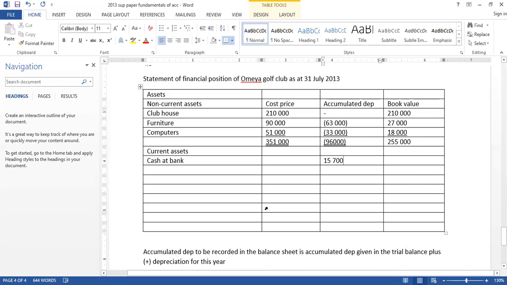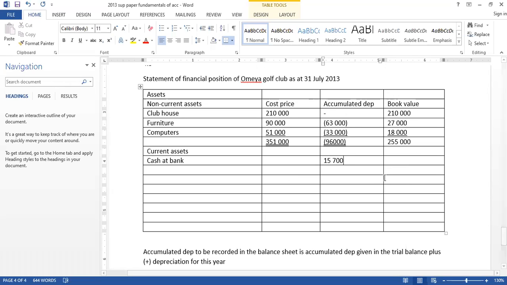We don't use the first column anymore, ne? We are only supposed to have two columns. The reason for having three columns is the accumulated depreciation that we had to show. We had to show our calculations, how we got our book values, and therefore the first column is no more of use.